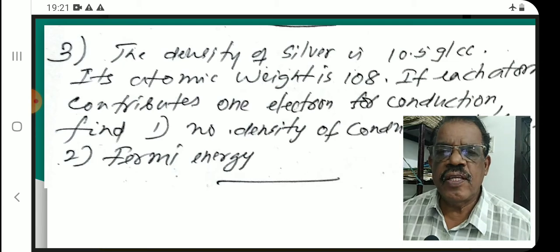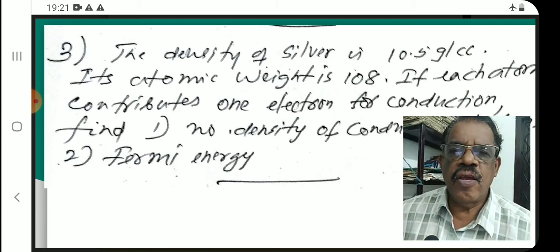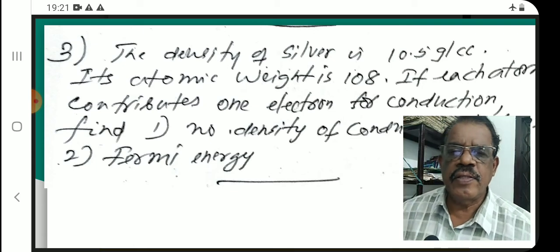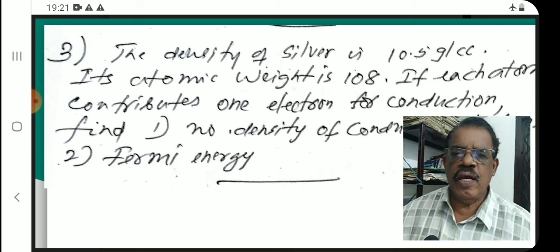Its atomic weight is 108. If each atom contributes 1 electron for conduction, find the number density of conduction electrons and Fermi energy.